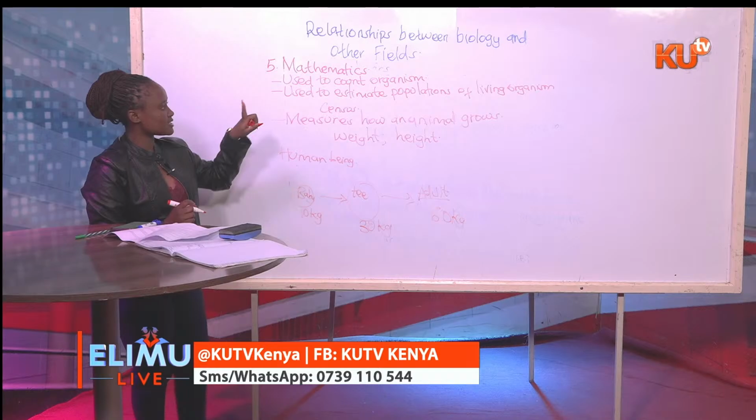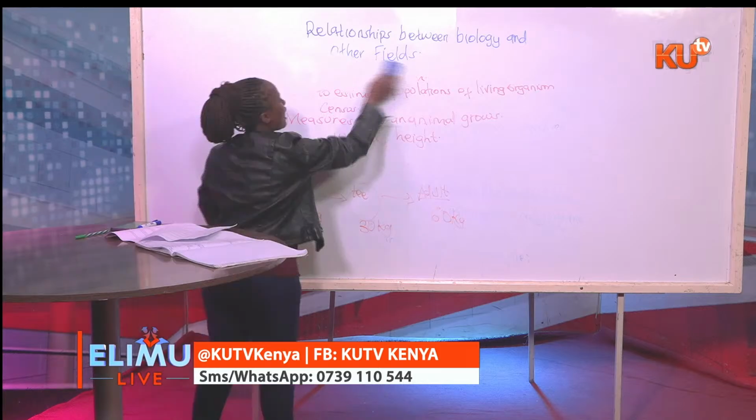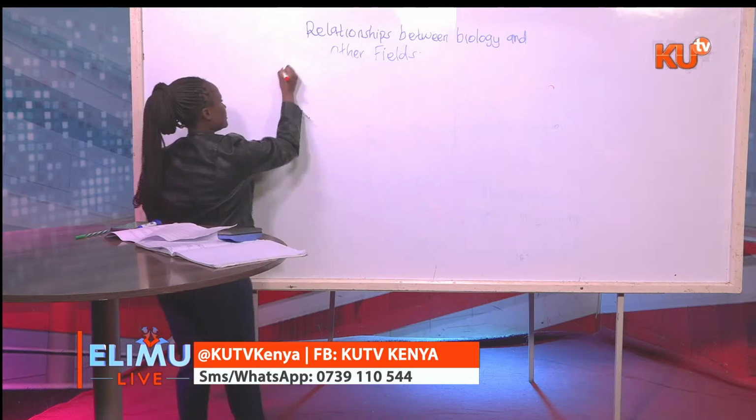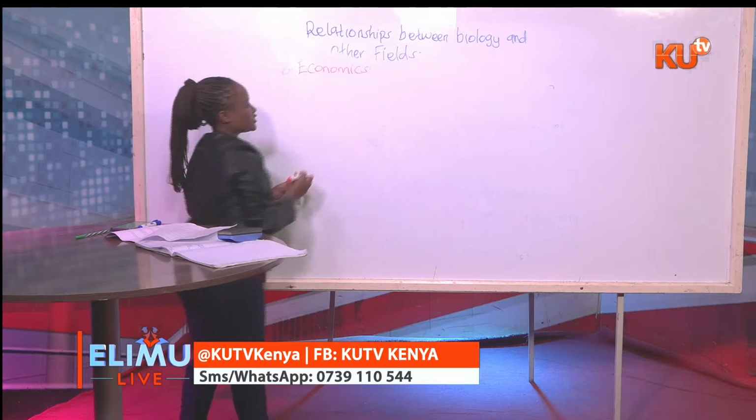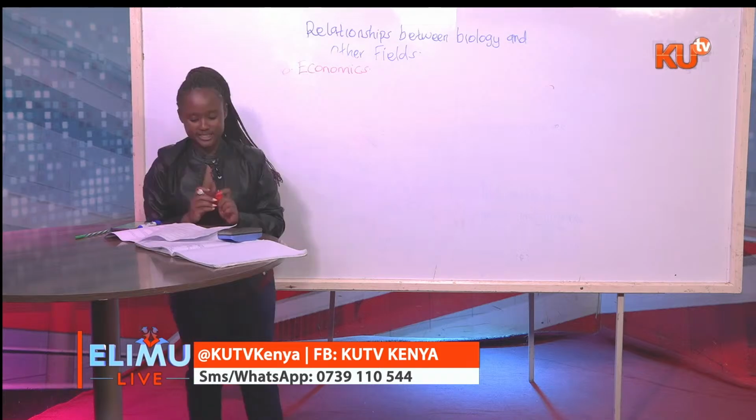Now we go to our next one: how biology is related to economics. Access to proper nutrition is often linked to economic status. Economics explores how food production, distribution, and access in different regions affect people's health.